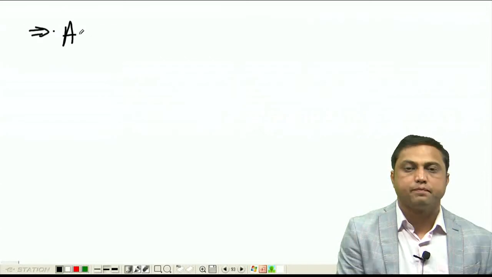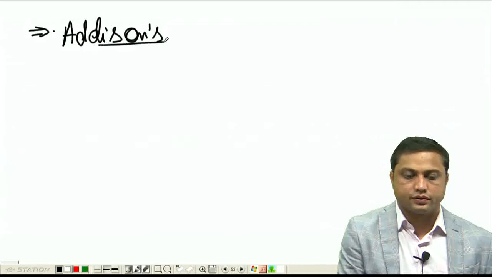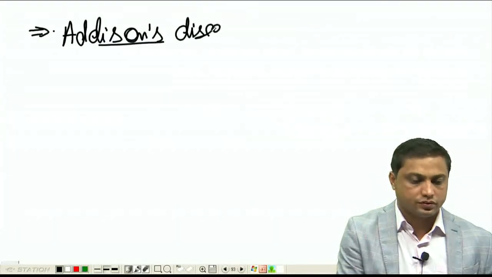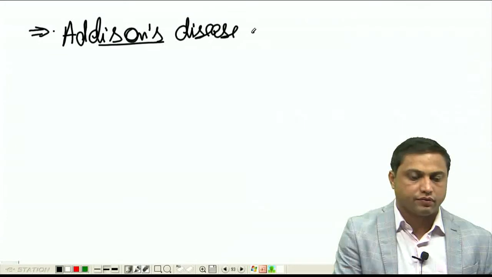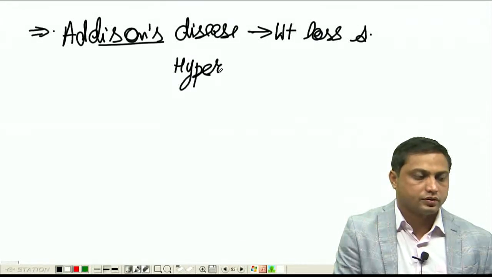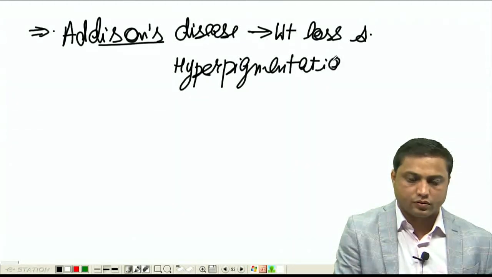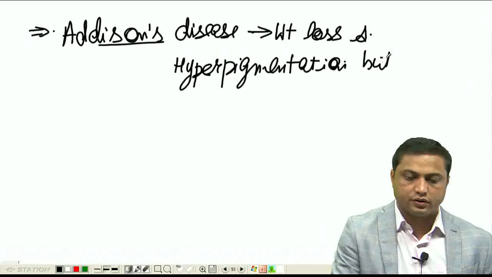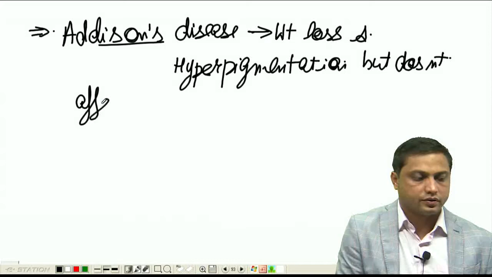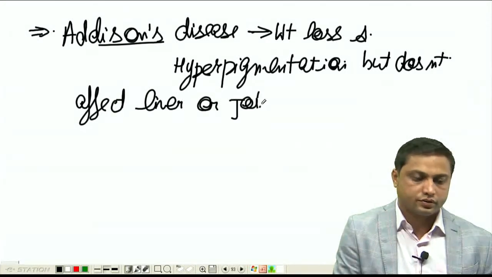So we had option number C, Addison's disease. In Addison's disease, patients have weight loss and hyperpigmentation, but it does not affect the liver or joints.